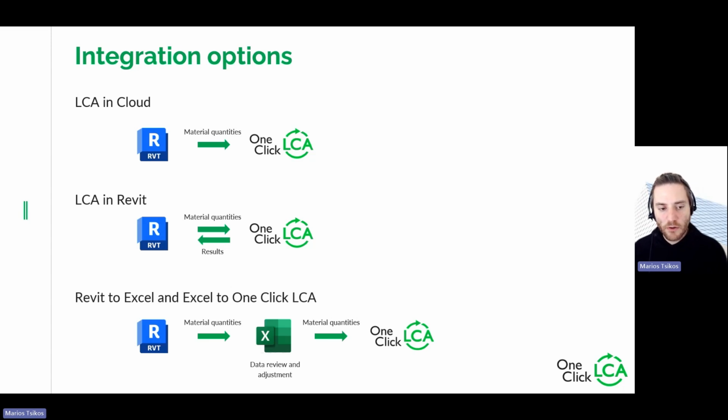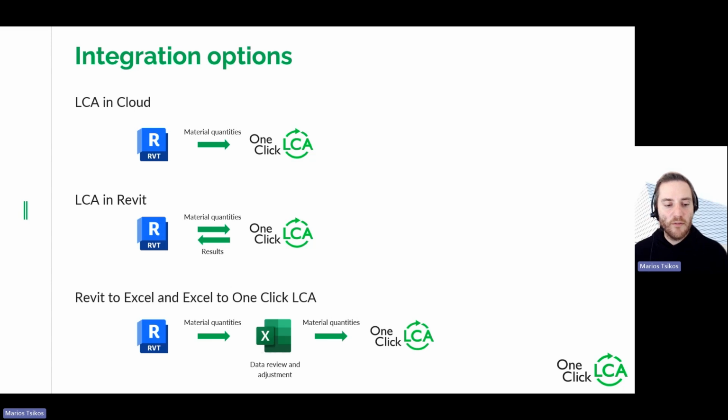So we can define the scope of our assessment and what materials from what elements we want to include in this assessment. This then is being communicated to the One Click LCA platform, and One Click LCA sends back the results. So we get the results back in the actual Revit environment. We can do the hotspot analysis and optimize performance, but more on that later.